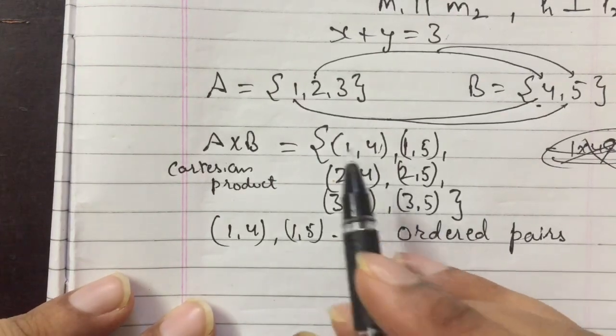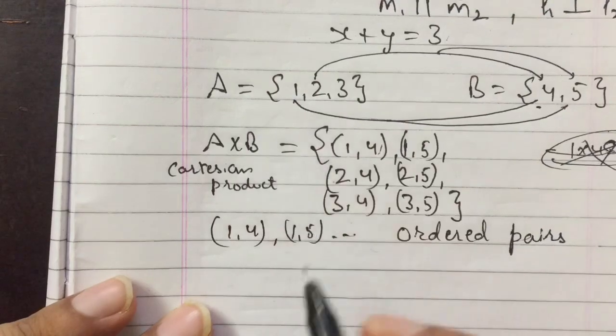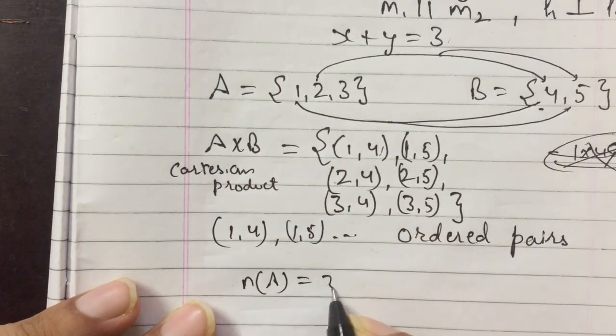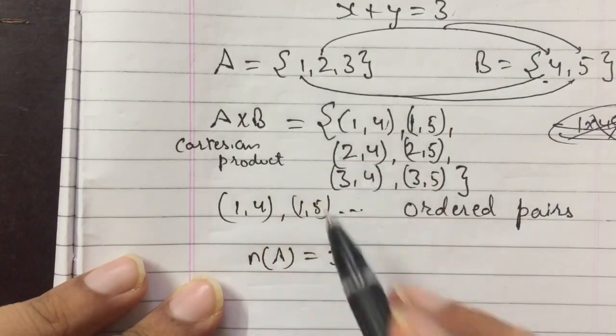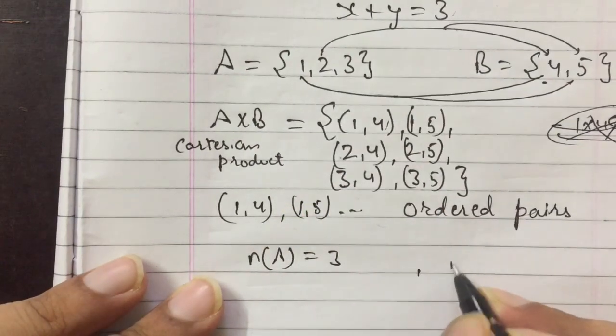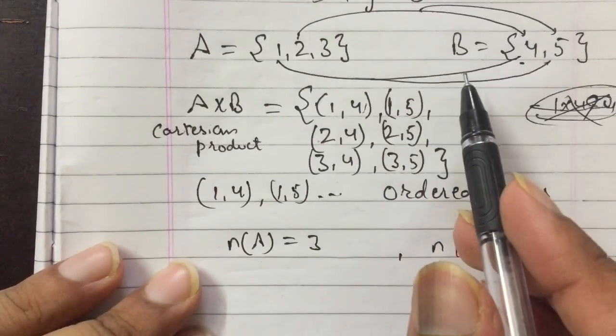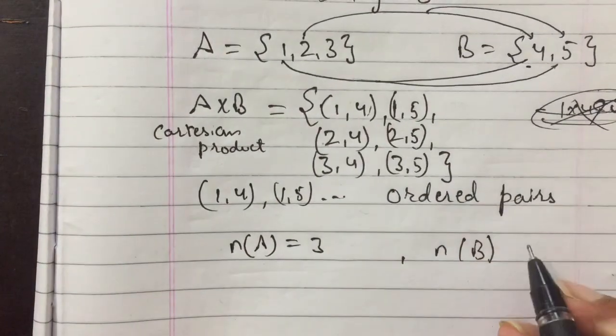Now see how many elements set A has. The number of elements in set A is 3: 1, 2, 3. How many elements does set B have? 2.